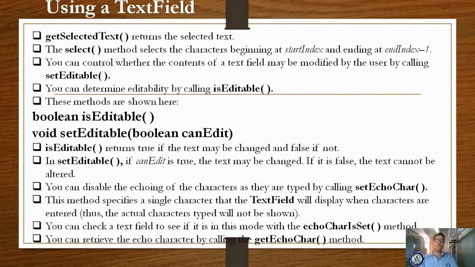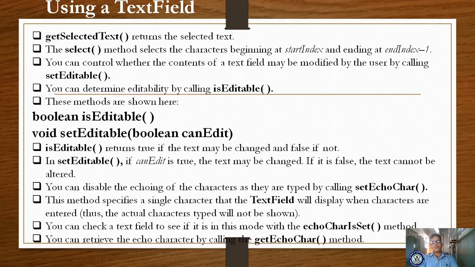Only then can you modify the content in your text field. If it is false, it is not modified. So it is just like a read only property. What do you mean by read only? You can't modify. Got it? If you set canEdit to true, then you can make a modification.